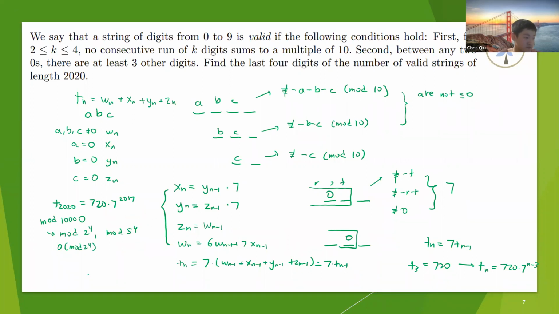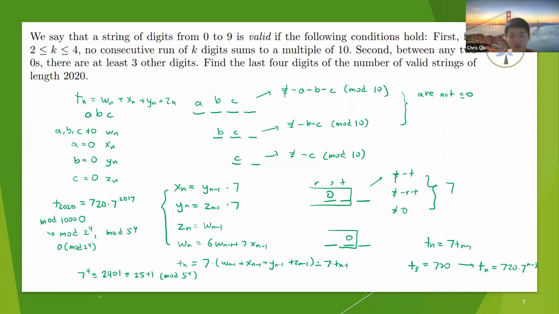So we can rewrite 7 to the 4th as 25 plus 1 mod 5 cubed. Let me just write it this way. 7 to the 4th is congruent to 2401, which is congruent to 25 plus 1 mod 5 to the 4th power.